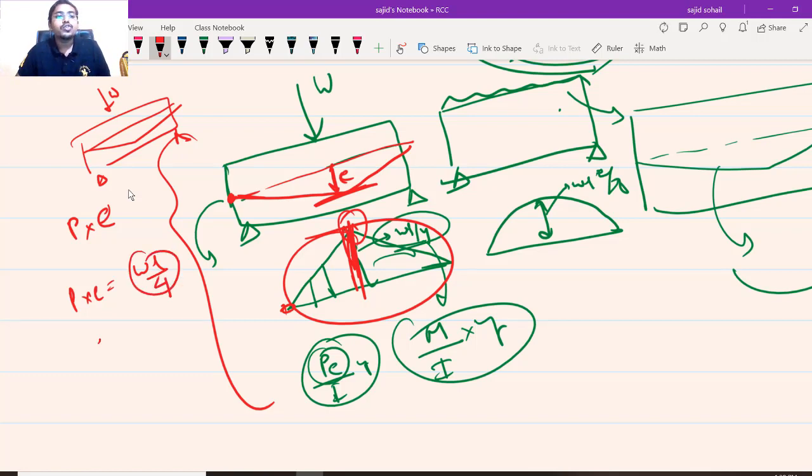So your eccentricity is WL by 4P. If you are providing this much eccentricity, then the effect will be very minimal. I hope it is very clear, right? So the stresses will be nullified. I hope you are getting the concept.